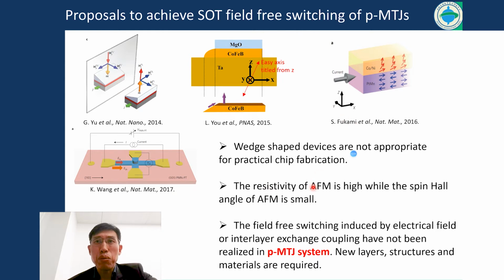Professor Fukami proposed AFM to realize the spin Hall effect for the switching, but we cannot use this new material to realize a magnetic tunnel junction. So up to now, field-free switching induced by electric field or interlayer exchange coupling has not been realized in the MTJ system.